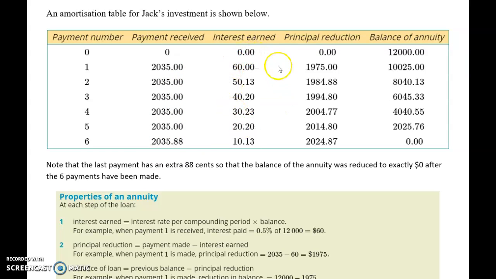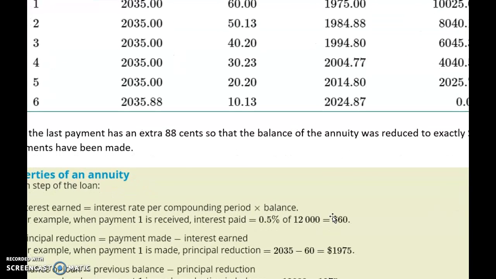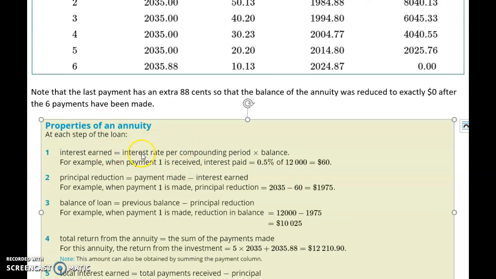The interest earned. Now, the interest earned, if you look just below in the green bit, it shows you how to work that out. What you've got to do is you've got to have your interest rate per compounding period, which we earlier worked out to be 0.5% because we divided that 6% by 12, and then multiply it by the balance. So initially, the first one you're finding 0.5% of $12,000, and that's $60.